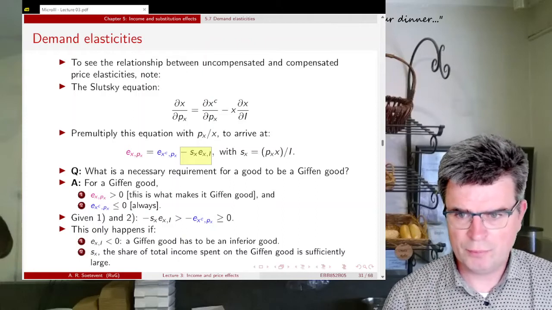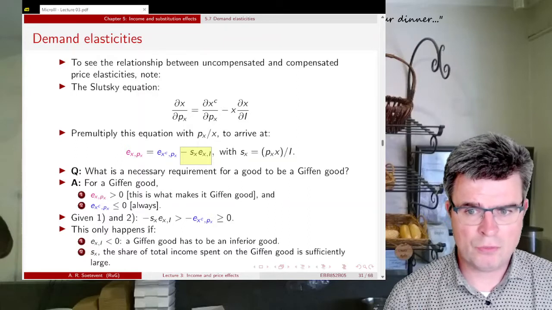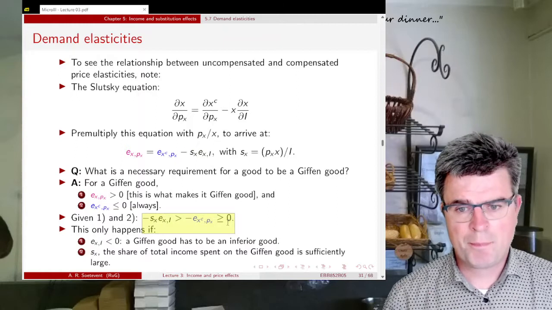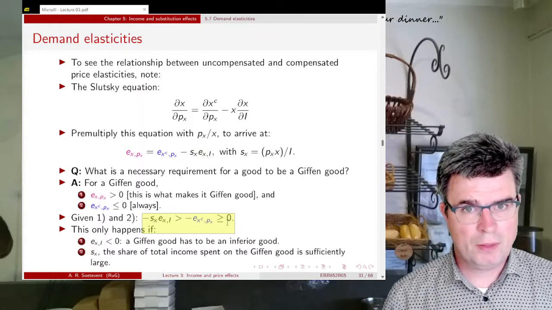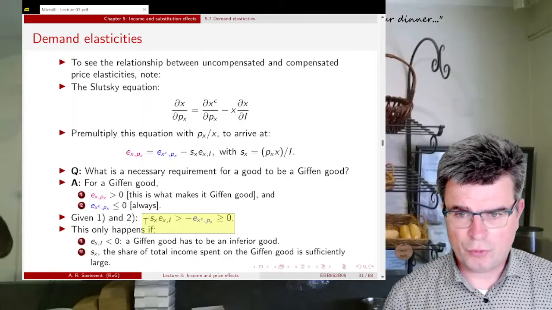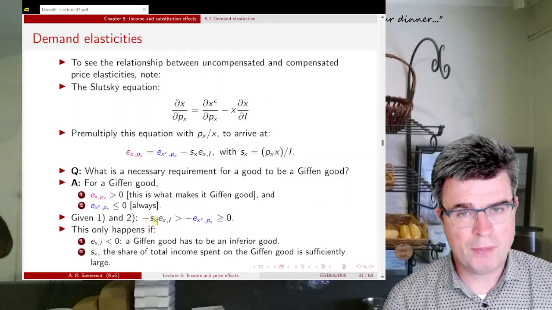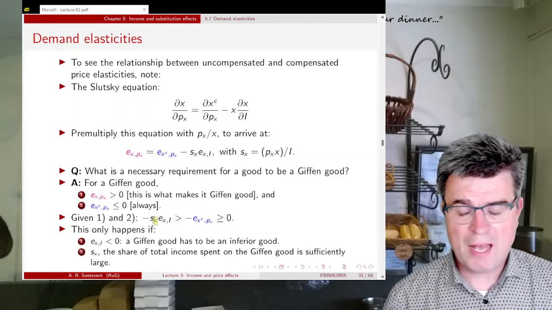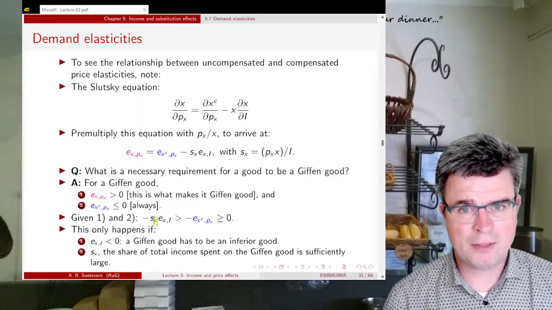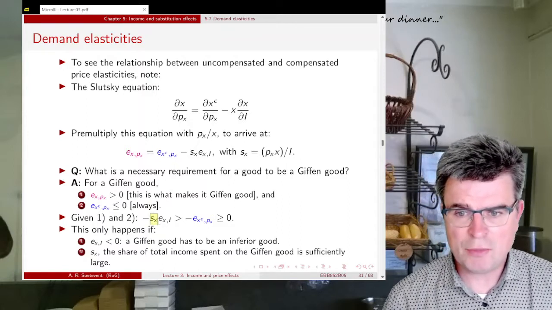So for a Giffen good, conditions 1 and 2 need to hold, and then automatically it follows that for a Giffen good, this condition here needs to hold. But we know that, in order for this term to be positive, the income share of a good can never be negative. So Sx is always 0 if we don't spend any money on good X, or positive if we spend a positive sum of money on good X. But it can never be negative.